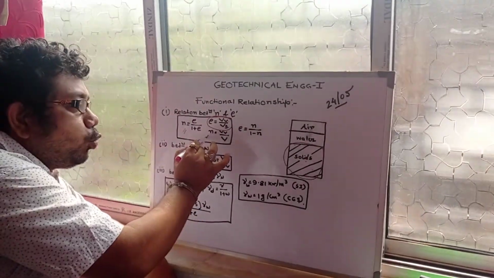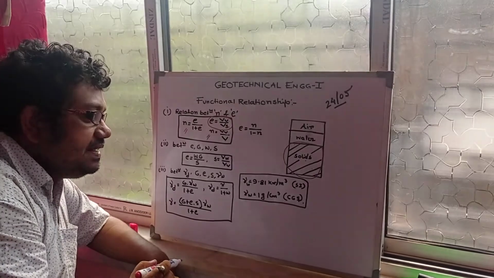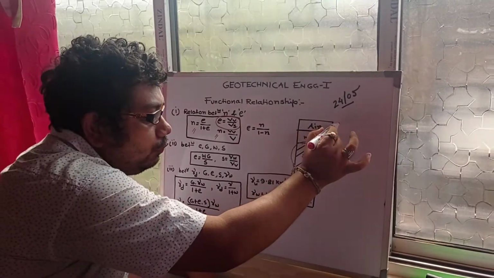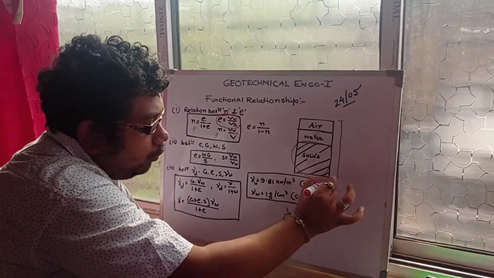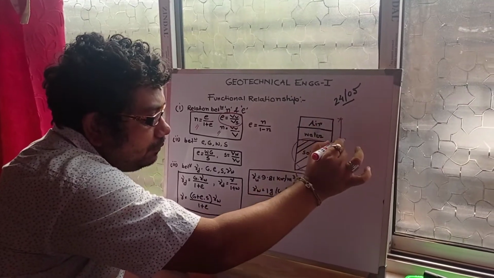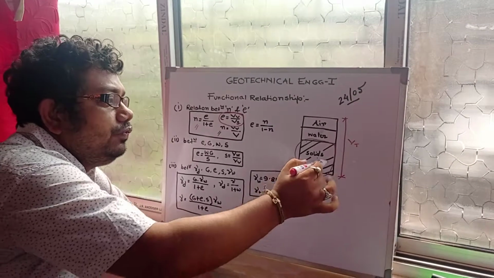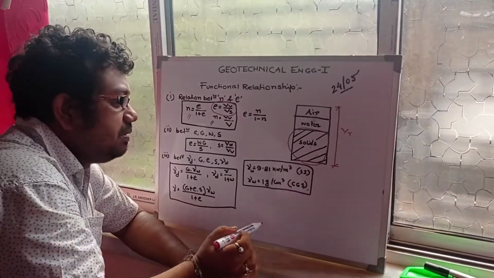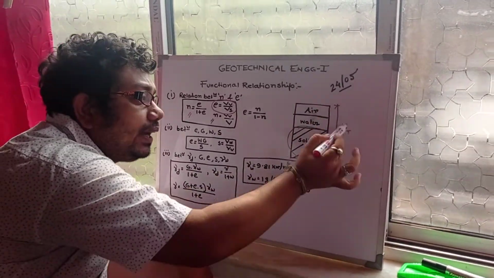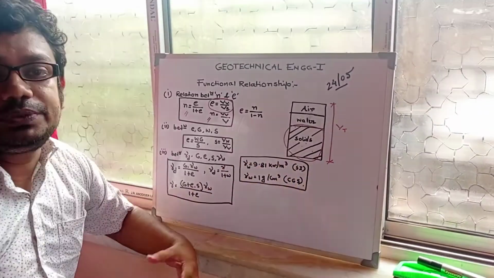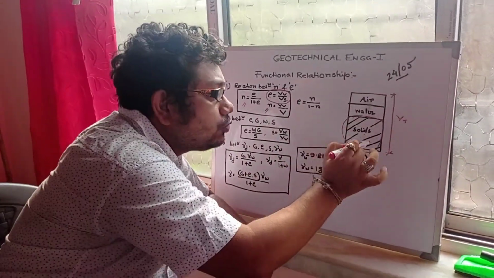Now what is porosity? Porosity means, if you consider the entire volume of the soil mass as V or Vt, the voids of the total soil mass, not within the solids only.